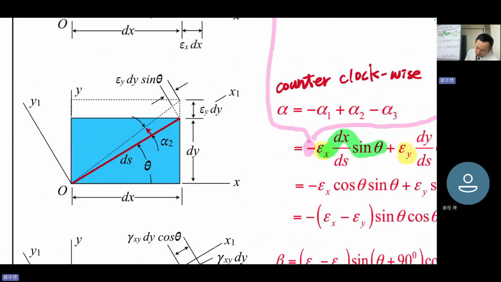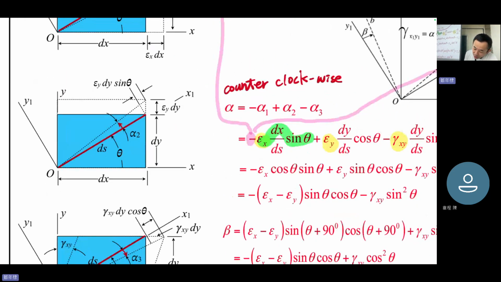Again, if you have a second, epsilon y dy, you move this point to here and make this red line rotate along this angle.